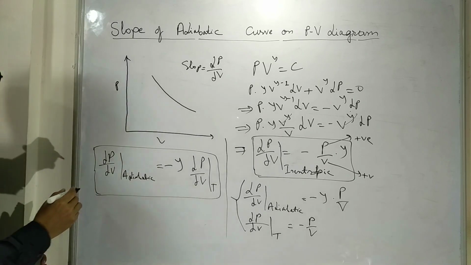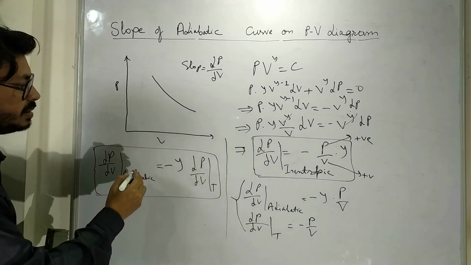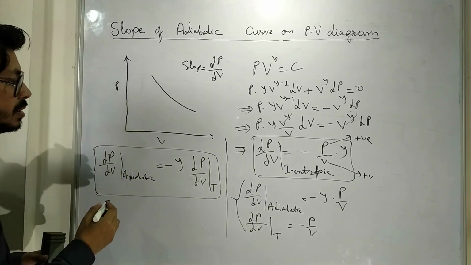So the slope of the adiabatic curve on the PV diagram is gamma times greater than the slope of the isothermal curve on the PV diagram.